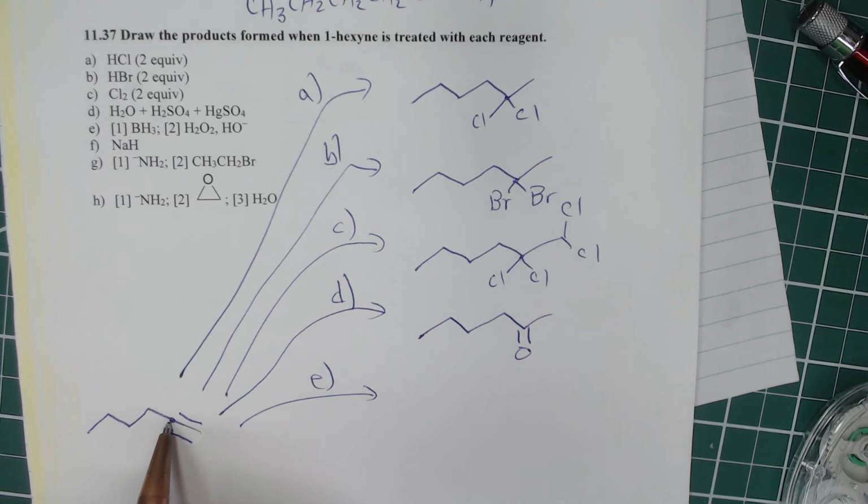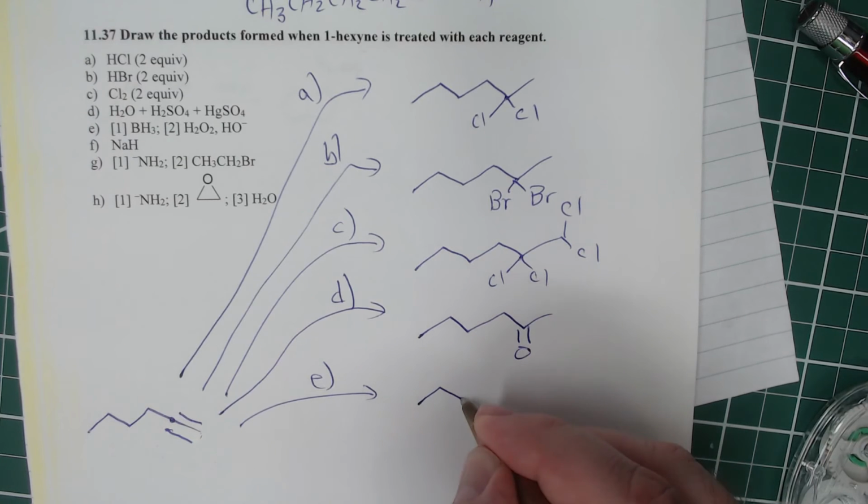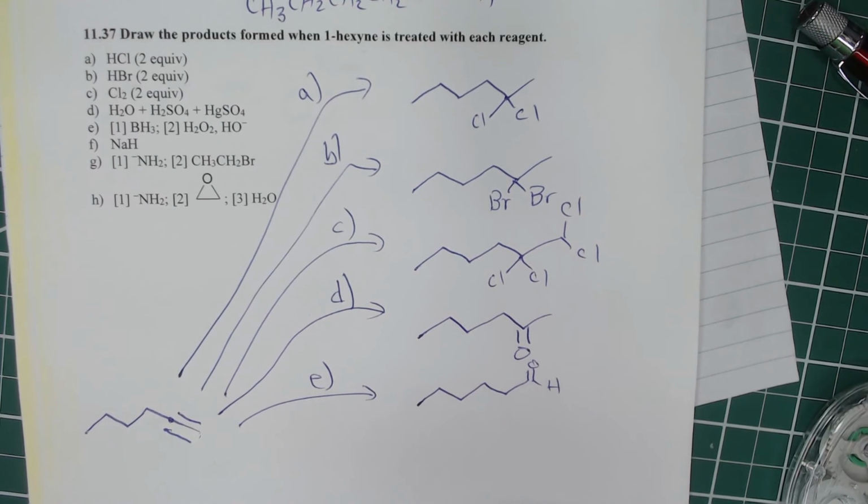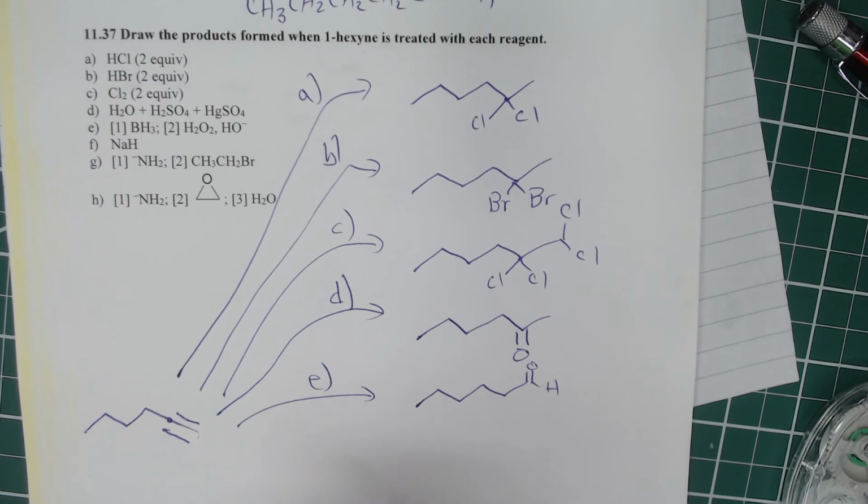And so hydrogen will go here, and the OH will go here, and that will end up giving us an aldehyde. And we'll throw the hydrogen on there to be perfectly clear that that's an aldehyde. All right, so that's E.